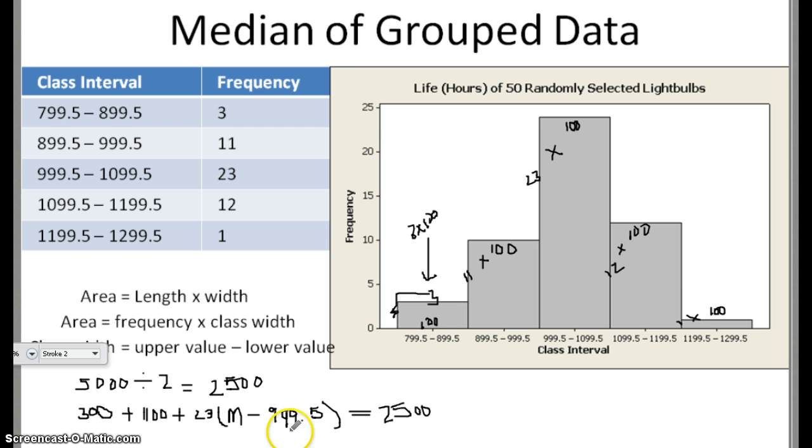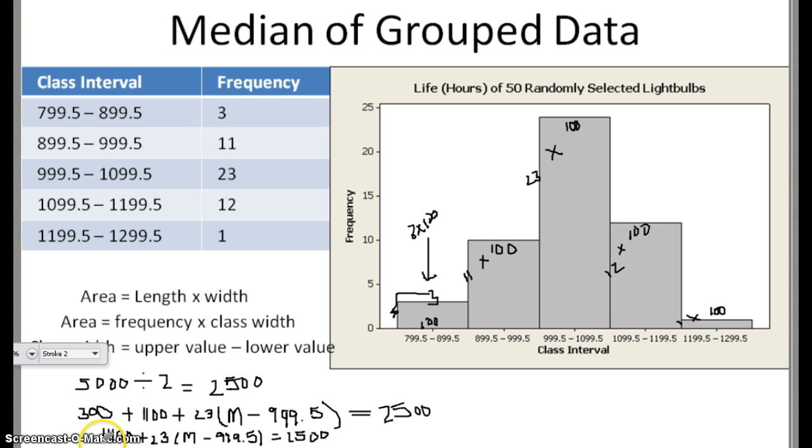Now, in order to solve this, first thing I need to do is combine like terms. On this side, these two together would be 1,400 plus 23 times m minus 999.5 is equal to 2,500. I'm not going to distribute this because it's going to end up being more work to solve if I take the time to distribute. So I can subtract 1400 from both the left and the right.